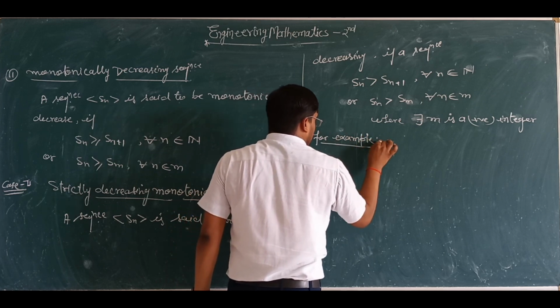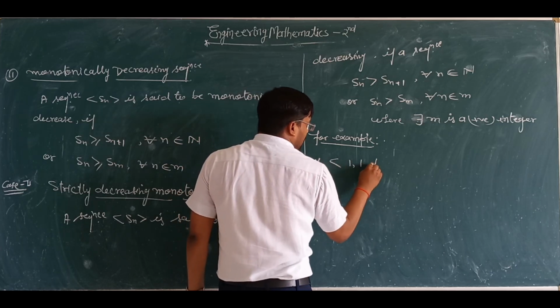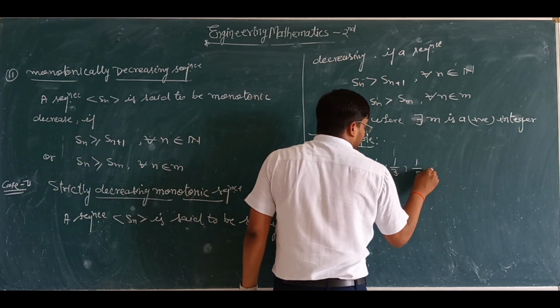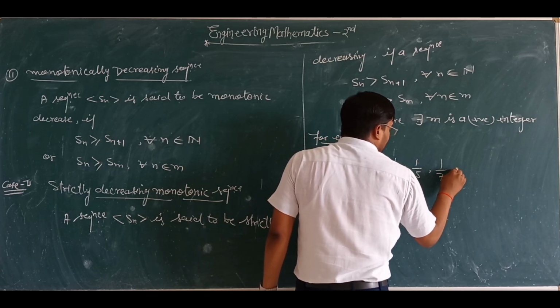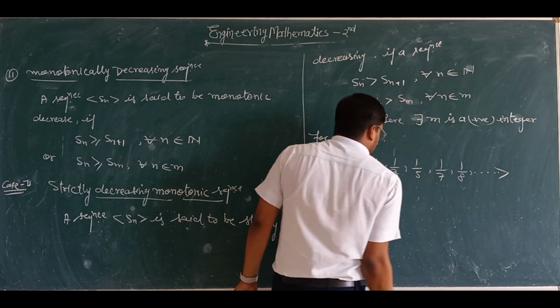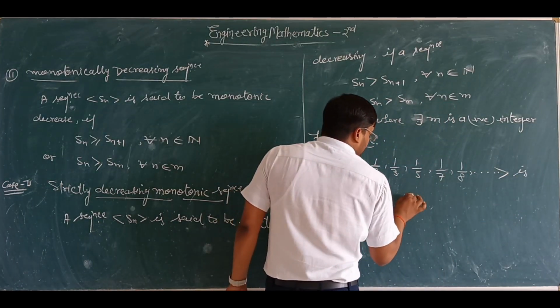For example, a sequence 1, 1, 1 upon 3, 1 upon 3, 1 upon 5, 1 upon 7, 1 upon 8 is monotonic decreasing.